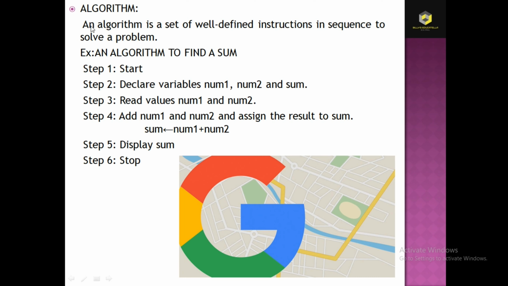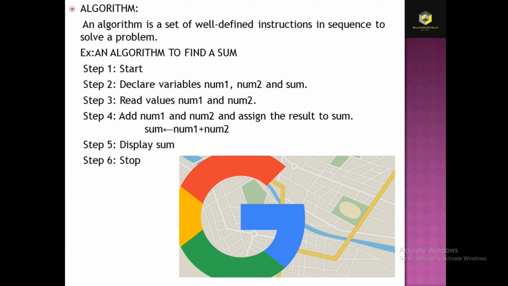For example, if we take an algorithm for coming home, we have so many ways to come home, but we take the shortest path, which is nothing but the minimum distance. Similarly, an algorithm plays an important role in finding the shortest way to the solution of every program in the computer.